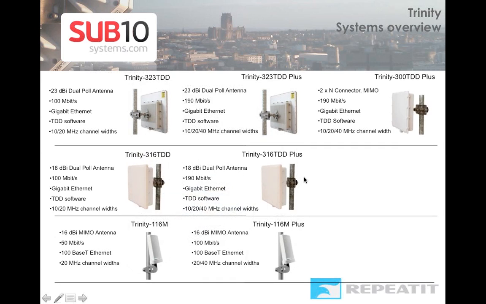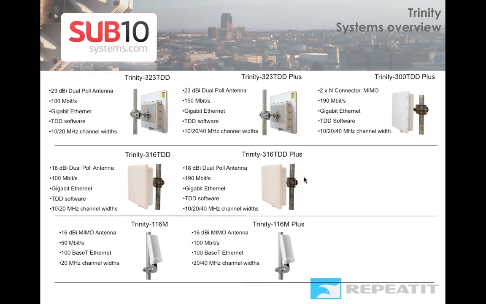Regarding product, you now see real pictures of our products. It's again Trinity, a PTP system, and behind the Trinity name there are 3 digits. These digits specify what type of product and what type of antenna is used. The top one, with the highest throughput and all the features, is Trinity 323 or 300.